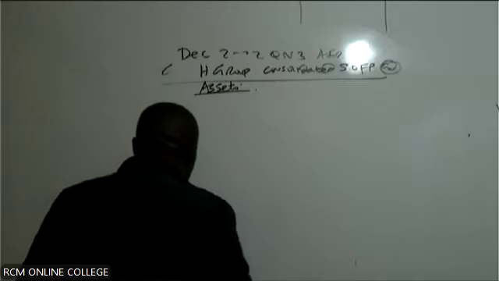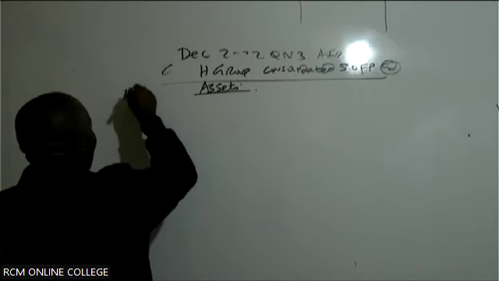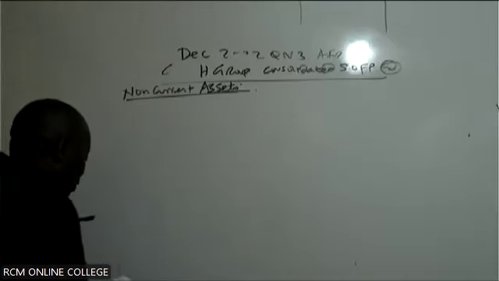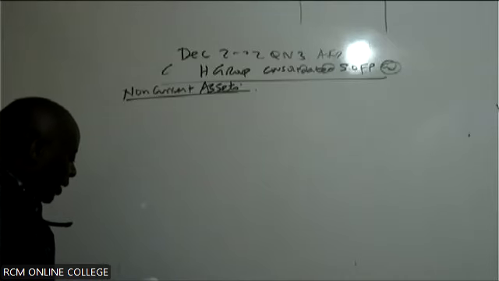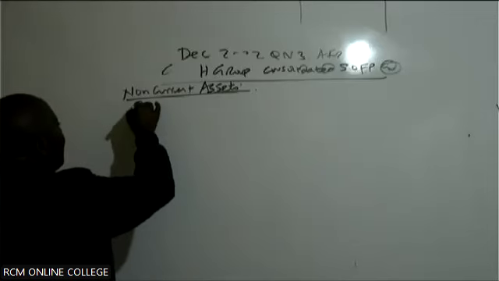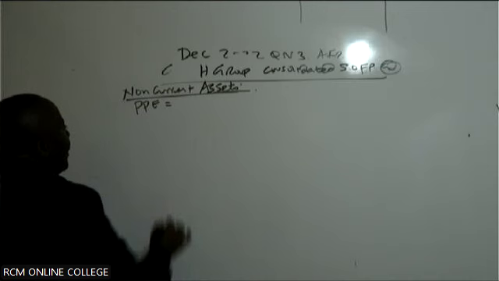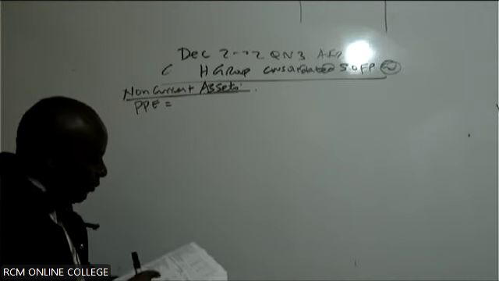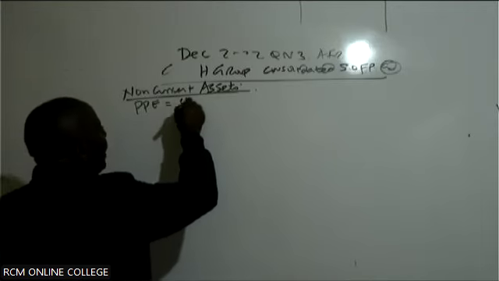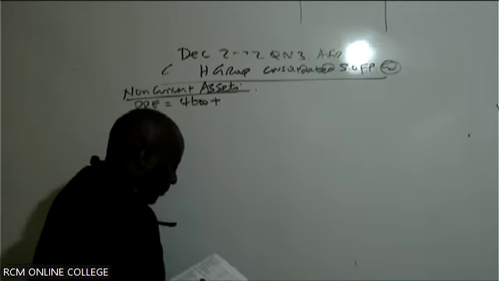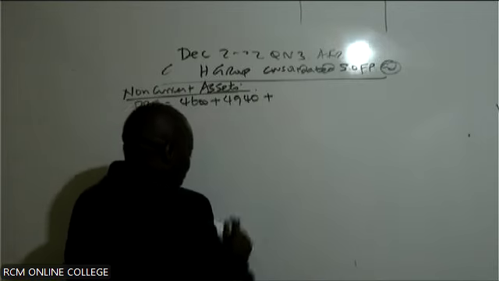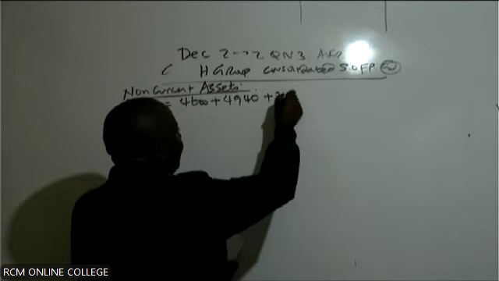So start with non-current assets. What do I have here? I have, ladies and gentlemen, property, plant, and equipment: 4,600 plus 4,940 plus 3,820.